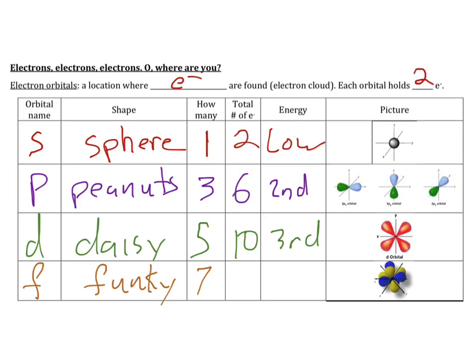Okay, well, how many total electrons then can go in the f orbitals? Well, you can get a total of 14. And so this right here is really important because it's going to help us understand the periodic table. This right here is really important as well when we're talking about electron configurations. And this is going to be the 4th lowest, which makes it the highest, really.